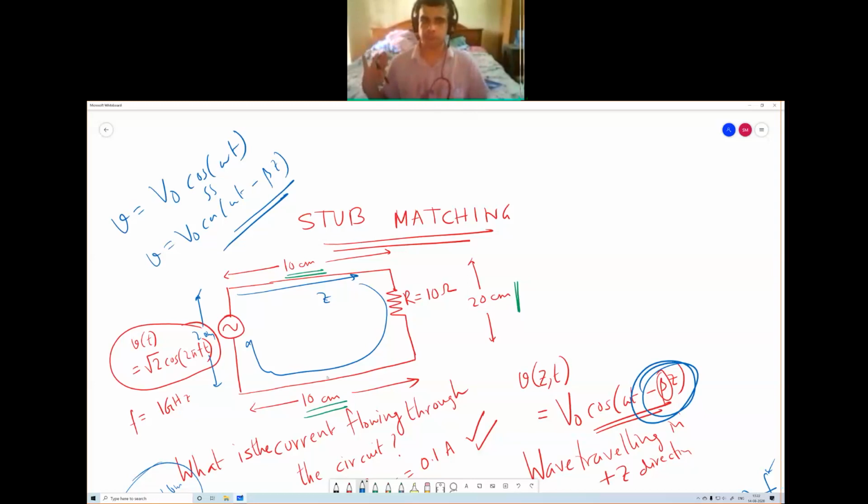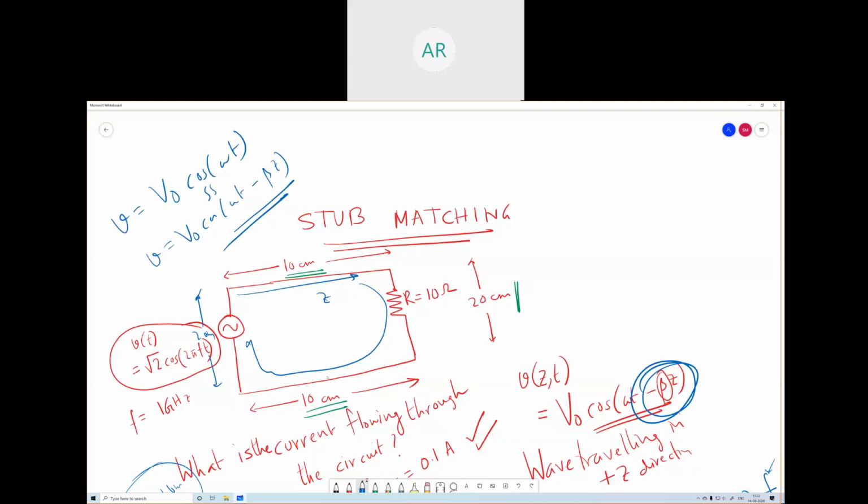That is why in our circuit theory classes previously, when we had dealt with very low frequencies, sometimes 50 hertz, it is perfectly okay to approximate omega t minus beta z with omega t, because beta z is a very, very small number compared to omega t, right? Agreed? Fine with this?